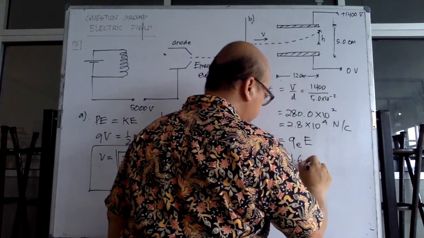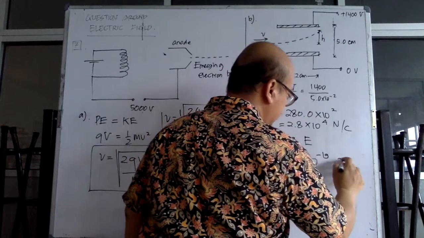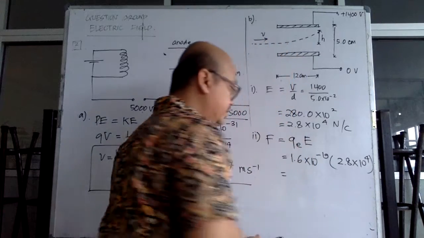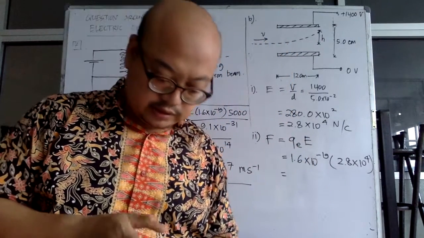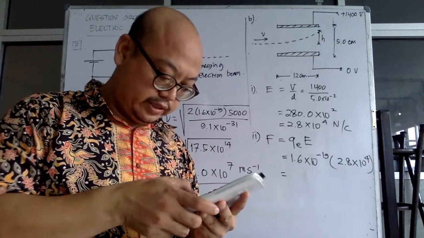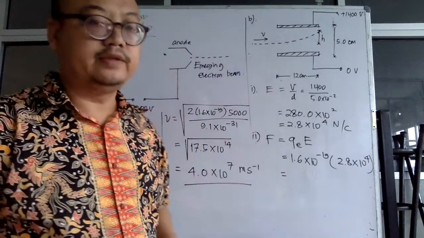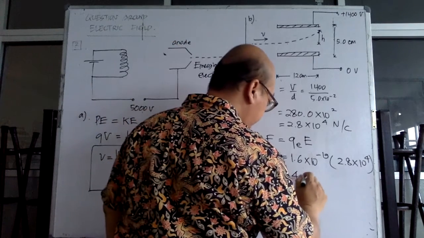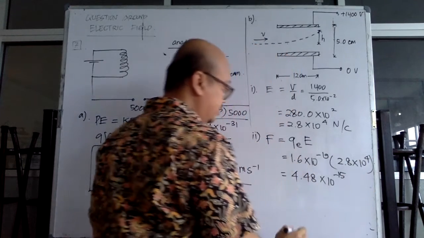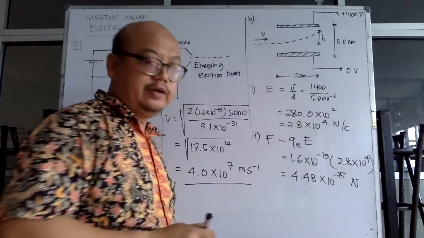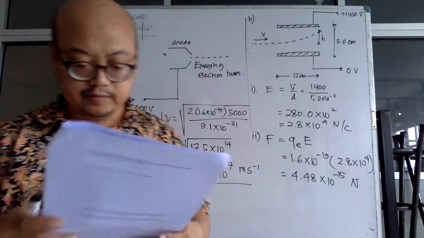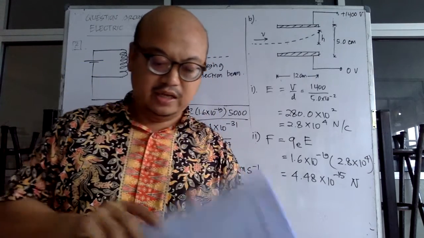So Q is 1.6 times 10 to the minus 19, and here 2.8 times 10 to the 4. So 1.6 times 2.8 gives 4.48, so this is around 4.48 times 10 to the minus 15 newtons. Finally we get the force exerted on the electron when it is between the plates.